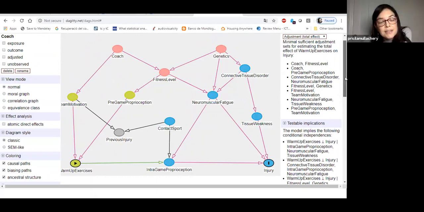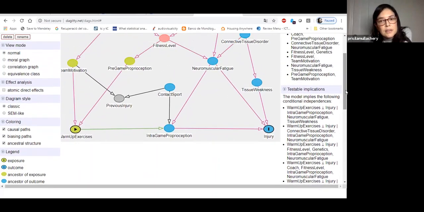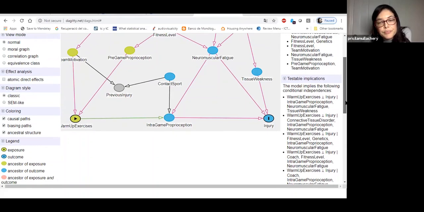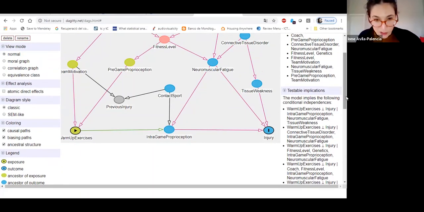Yes. Okay, so should I stop sharing the screen? Do you want me to show the DAG that I presented, or do you want to show the simple DAG with just the confounder and how to create the variables? Well, that was what I was asking you. So I can stop sharing and you can show the example from the paper.